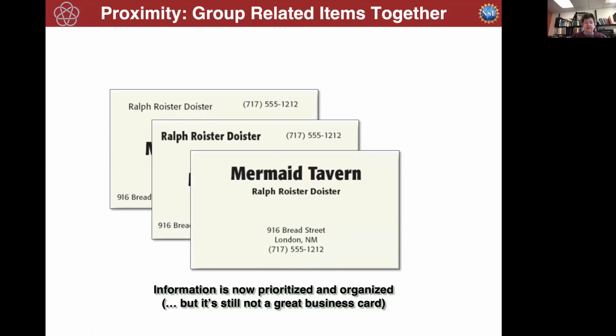This is obviously not anything terribly surprising to you. I'm sure you would all do this, making business cards, but that's the first idea behind proximity. Here's another example, and I'm sure you've all seen advertisements like this scattered around campus.